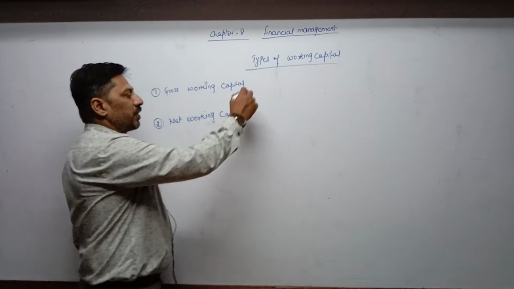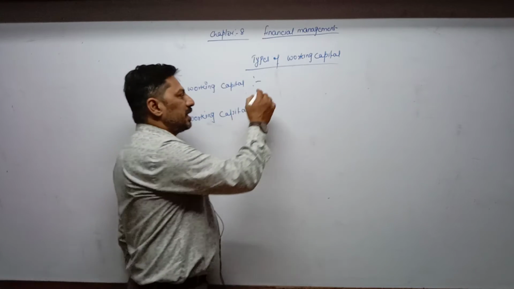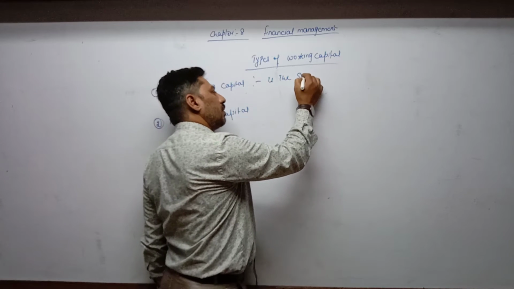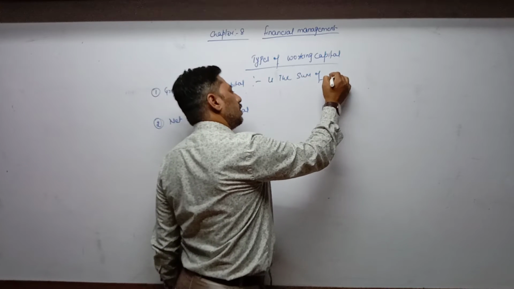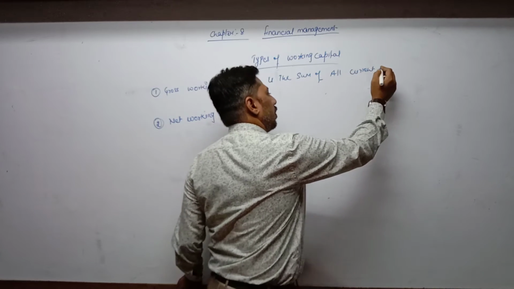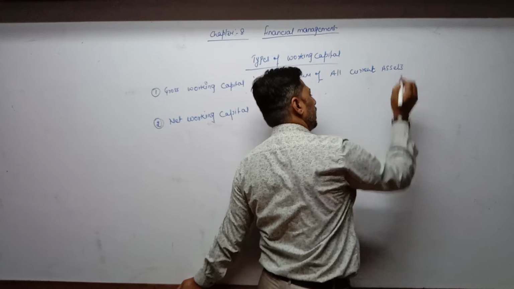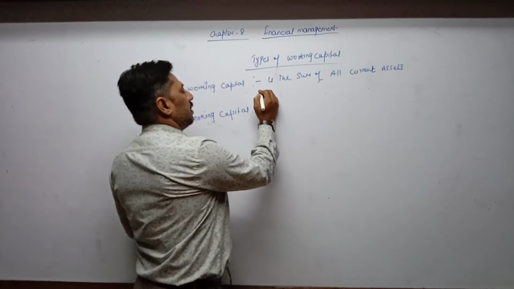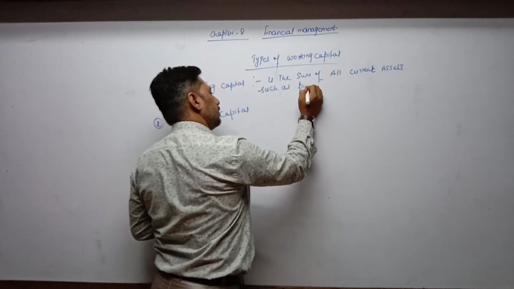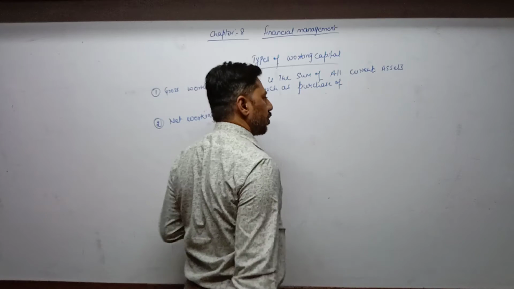Now what is gross working capital? Gross working capital is the sum of all current assets, such as purchase of raw materials.